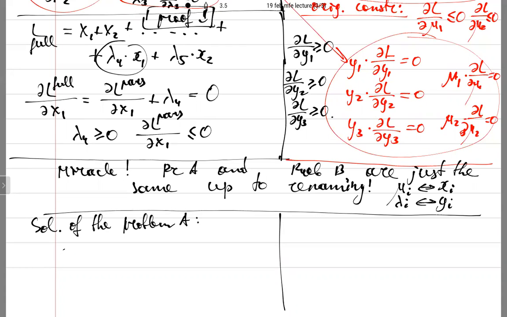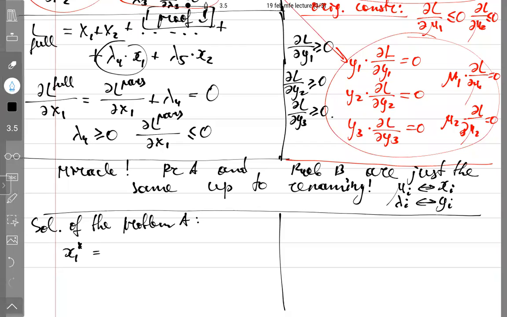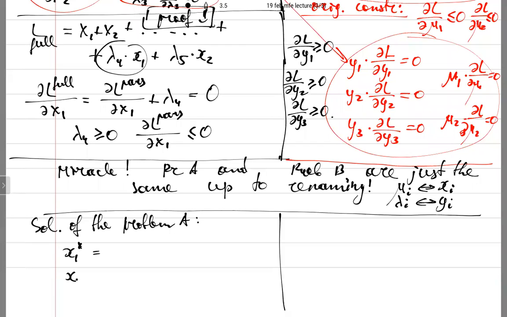A is the following. X1 star was, as far as I remember, 4/3 or 8. Who remembers what is the value of X1 star, X2 star? 8/3, if I'm not mistaken. 8/3, and X2 star was 2/3.